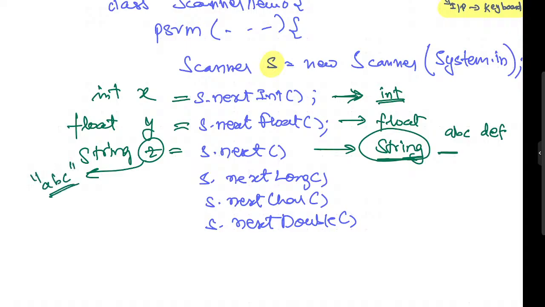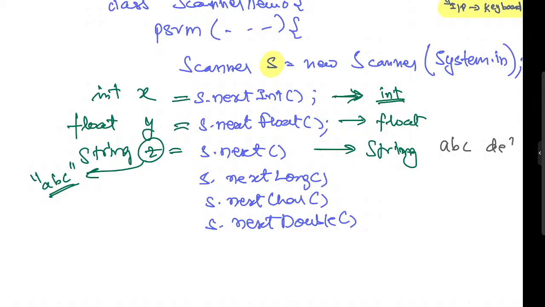It will only take abc, that's it. It will not take def. Def is ignored. If you do one more next, then def will be taken. So that is what you need to understand.